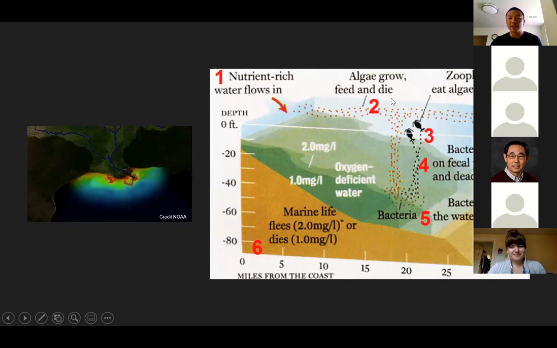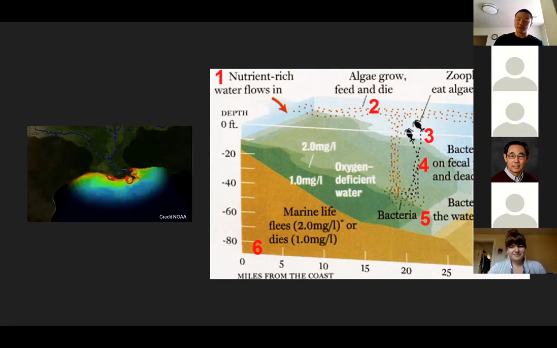Then it takes several days and they die and sink down in the water, and bacteria consume the algae and deplete the water of oxygen.